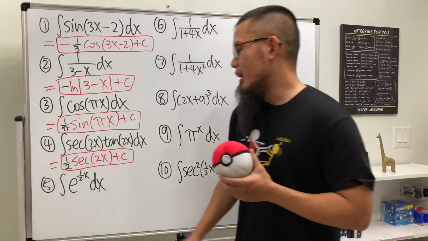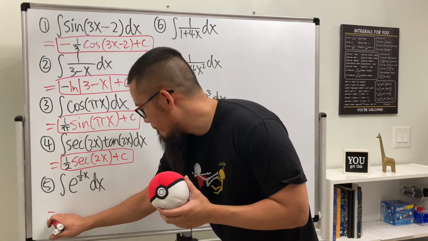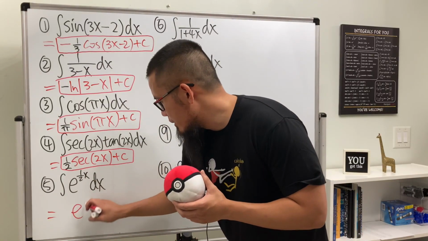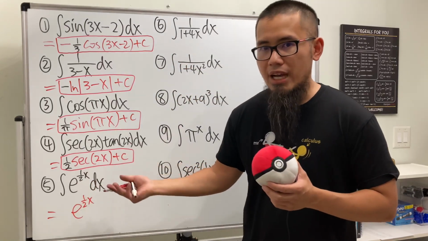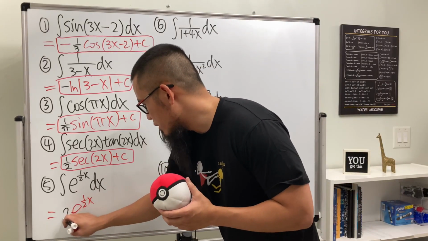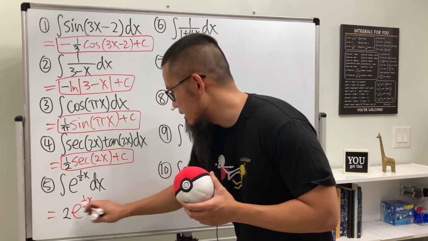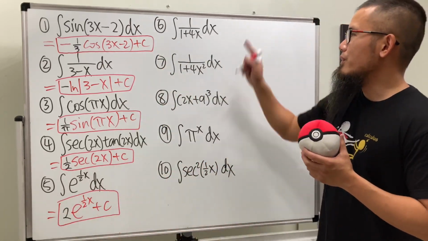Now let's continue. Number 5, e to the 1/2 x. Okay, we have e to the 1/2 x. The derivative of 1/2 x is 1/2. Divided by 1/2, it's the same as multiply by 2 over 1. So we multiply by 2, and then plus c. Done deal. Continue. This.